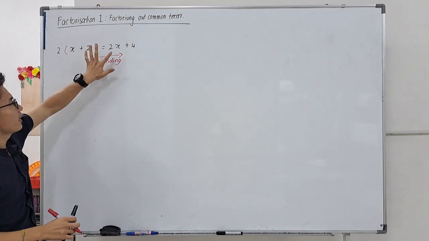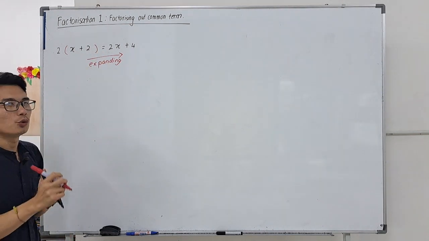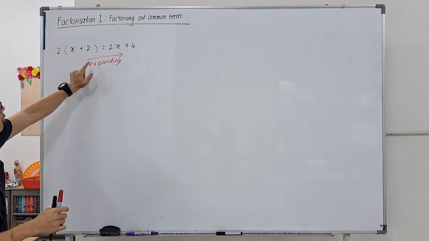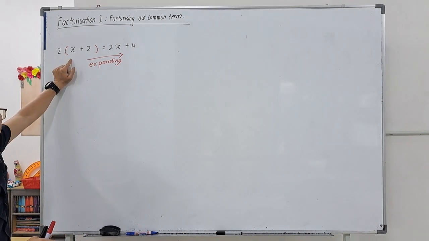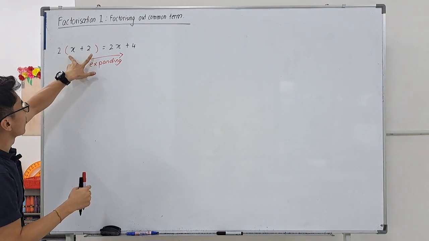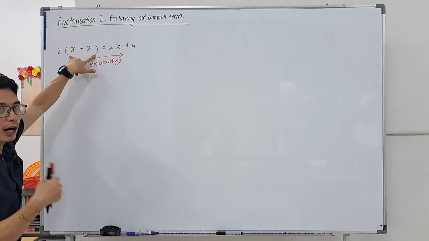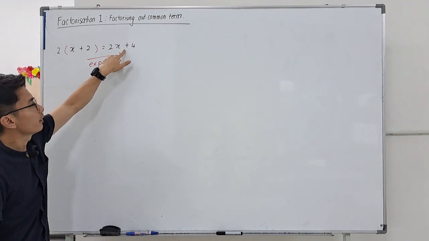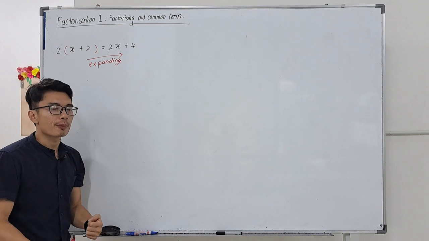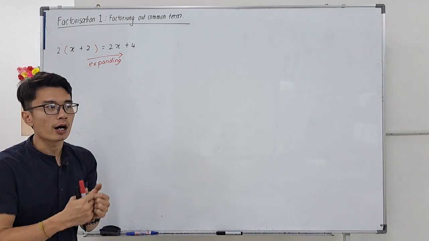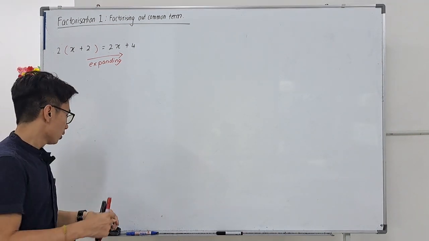Now, when you are looking at this question, what do you notice is missing? Before I expand, do you notice that I have some brackets here? And after I expand, there are no more brackets, right? So that is basically what expanding is. You are removing the bracket.